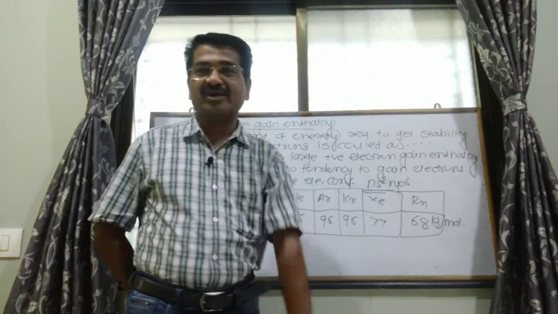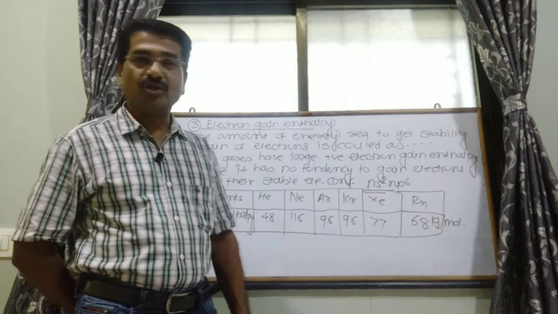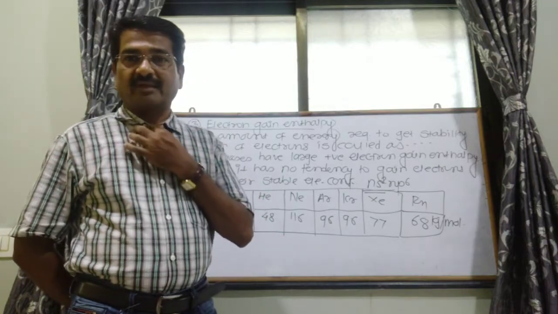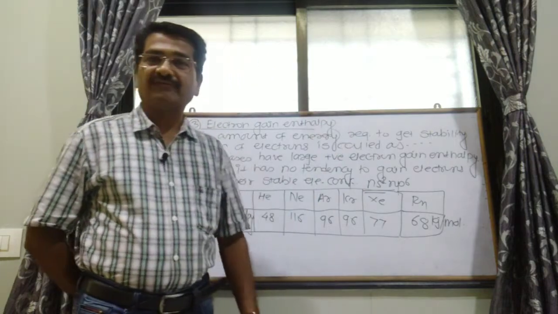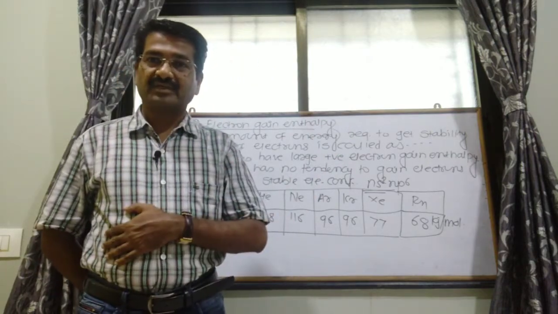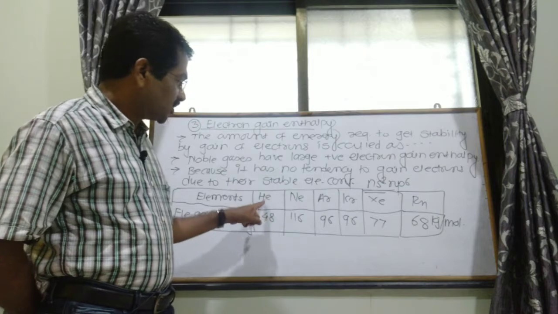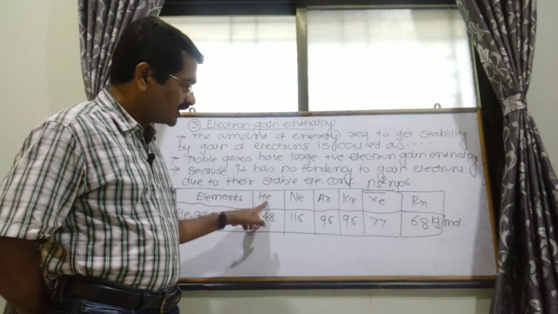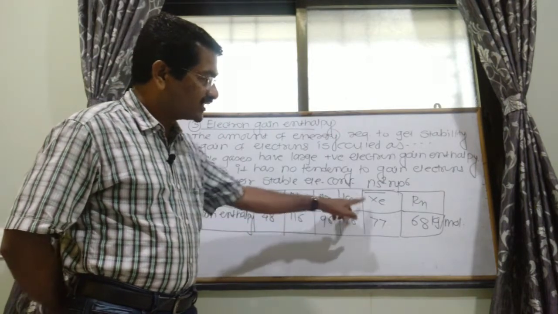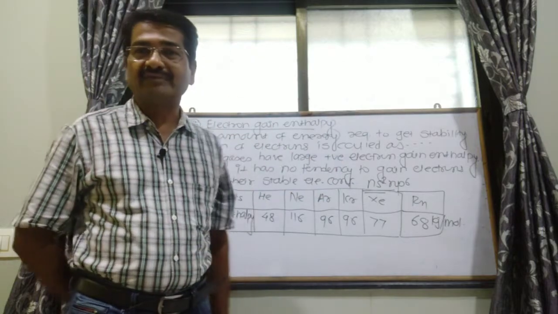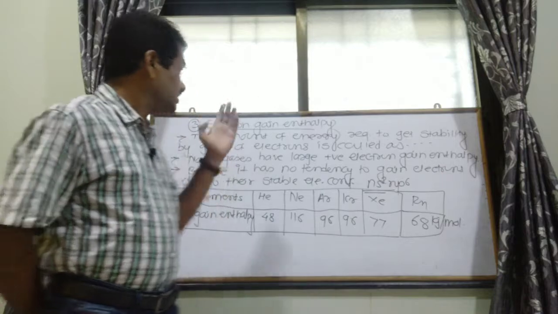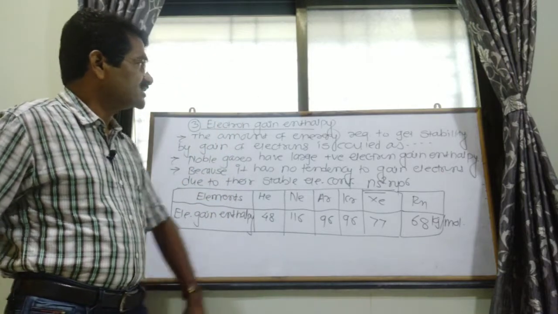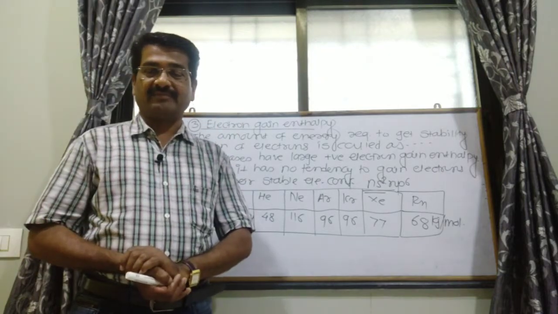And last, radon is 68 kilojoule per mole. All these are monoatomic gases made up of a single atom: helium, neon, argon, krypton, xenon are made up of only one atom. So this is the 2-mark question, that is electron gain enthalpy.